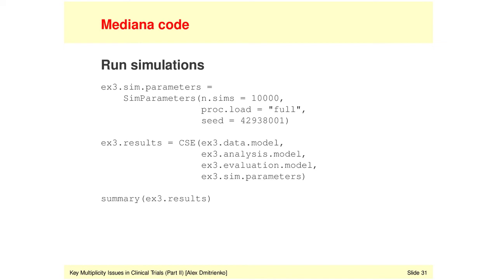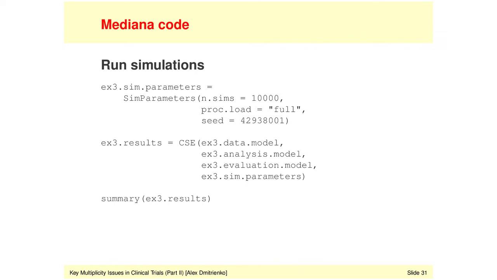Because the Mediana package relies on parallelizing simulations, if the proc.load parameter is set to full, that means that simulations will be run on all available processor cores, which will definitely speed up the simulations, and then the results will be merged across the cores. And finally, the seed defines the seed to be used in the simulations.